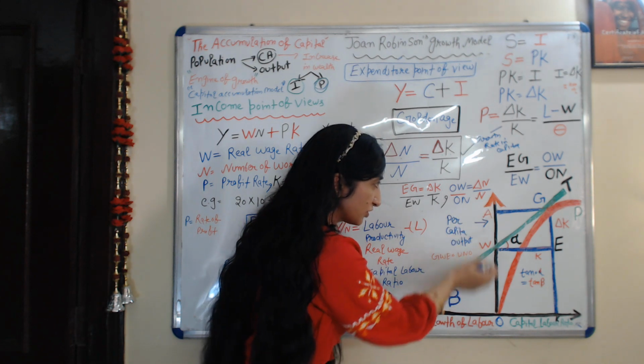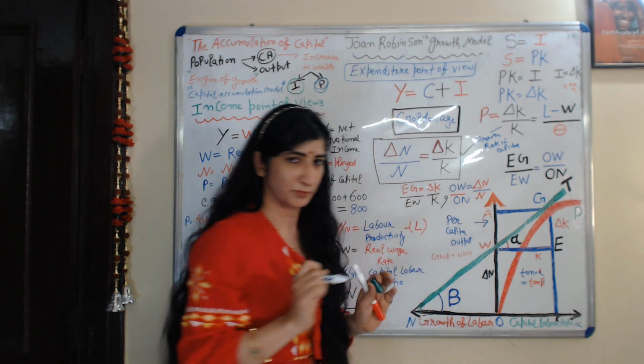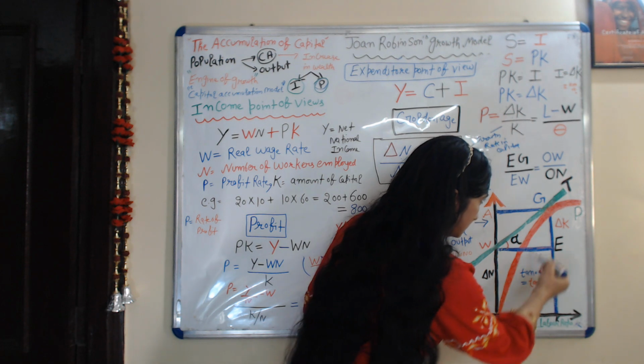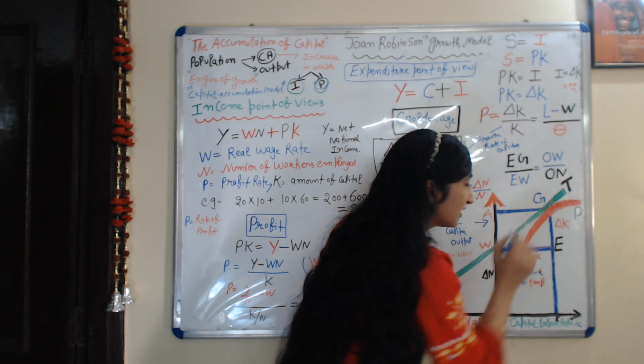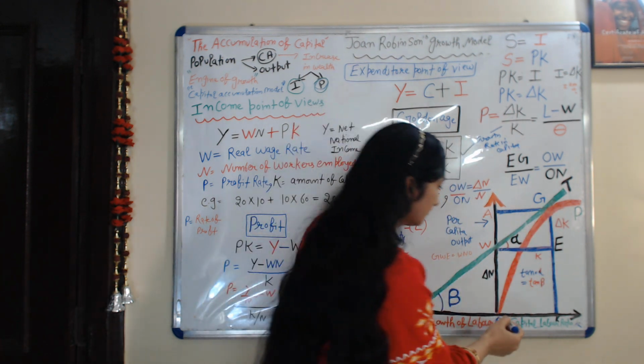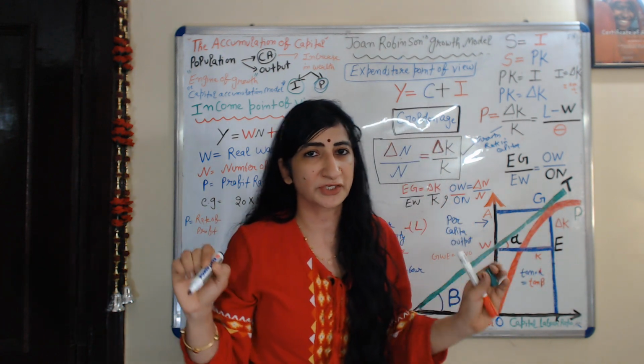The red OP curve is our production function.